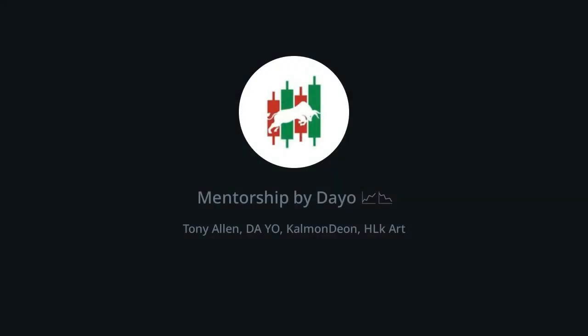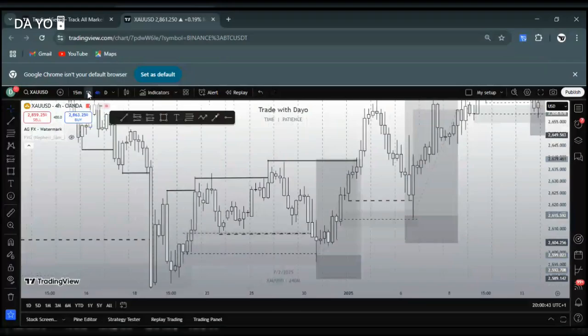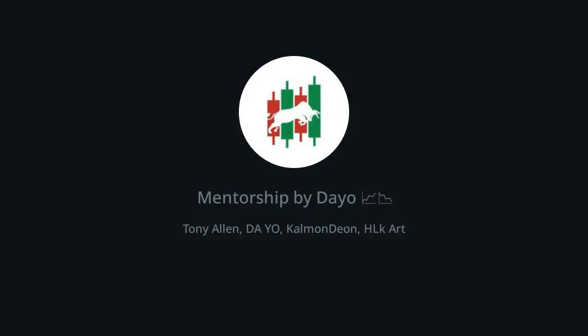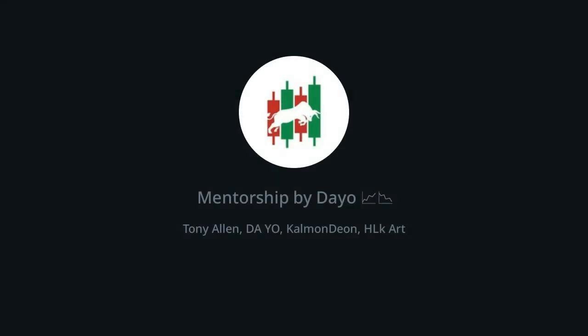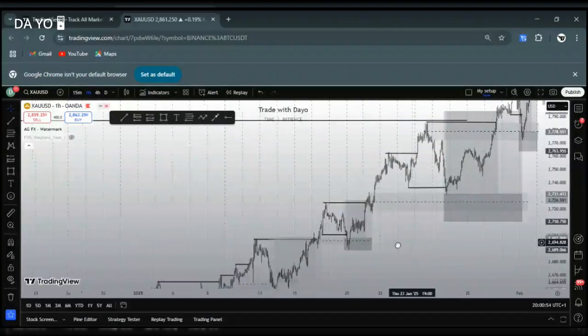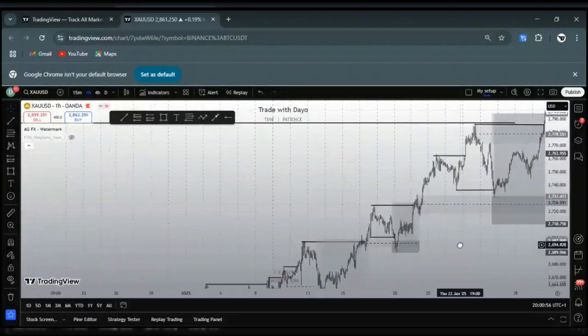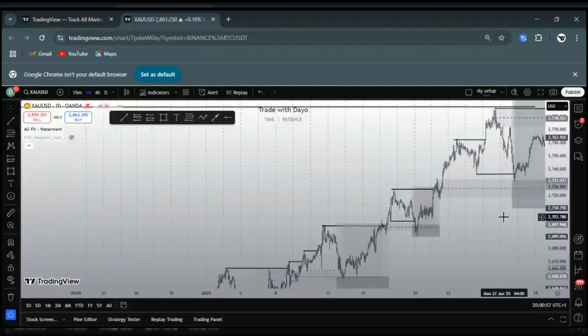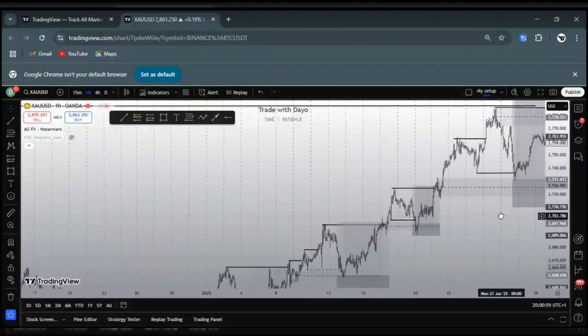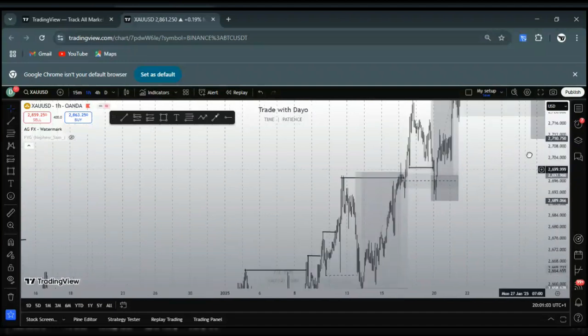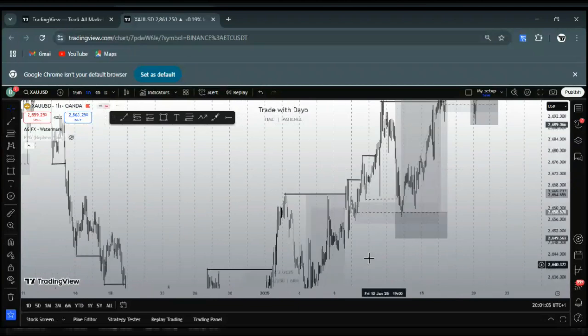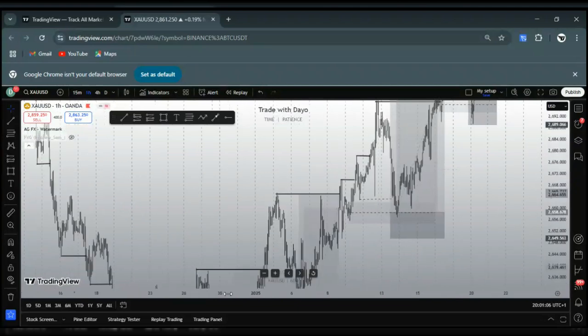Let's go to 1 hour and see whether we can spot a similar scenario. So now you can also spot a similar scenario on your 1 hour. Here it is. Multiple scenarios. So on our 1 hour, what did the market do?